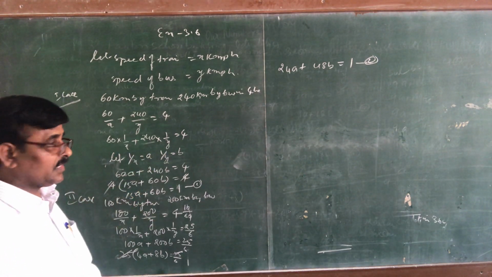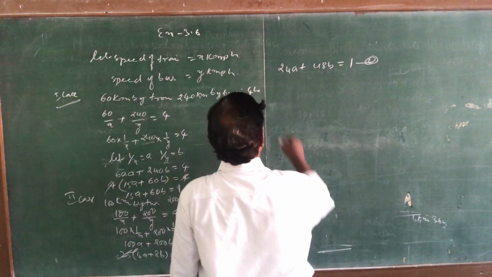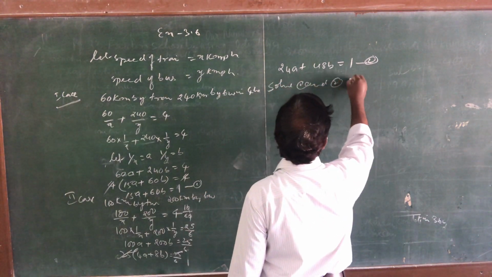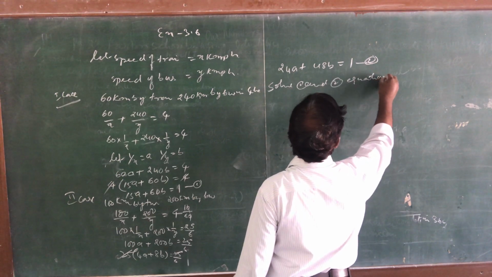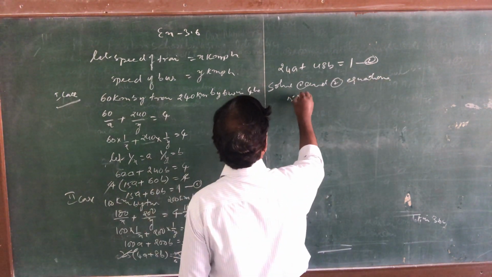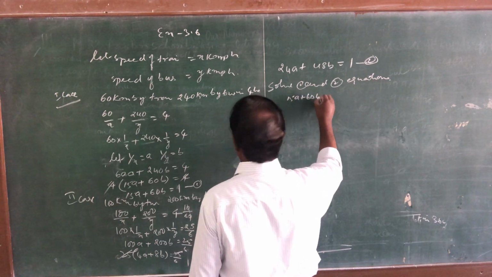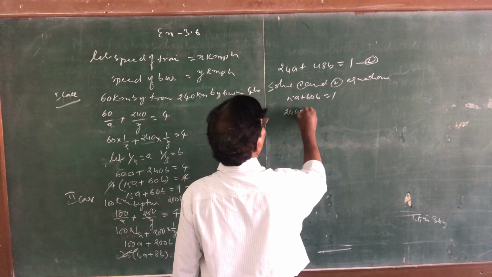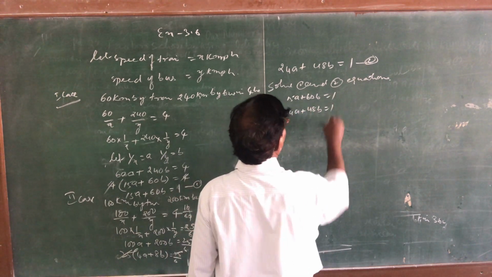Now we have to solve the first and second equations. What is the first equation over here? 15a plus 60b is equal to 1, and 24a plus 48b is equal to 1.